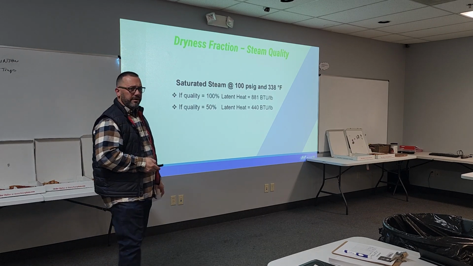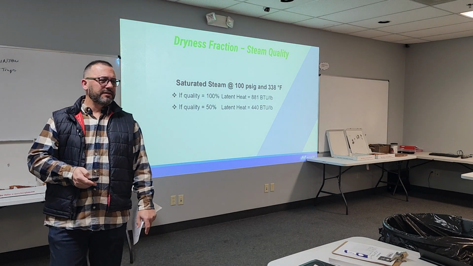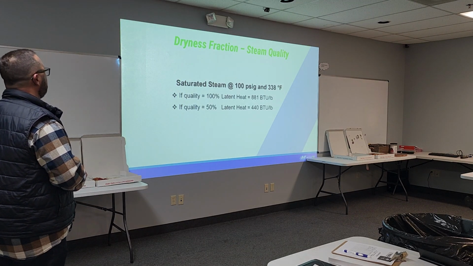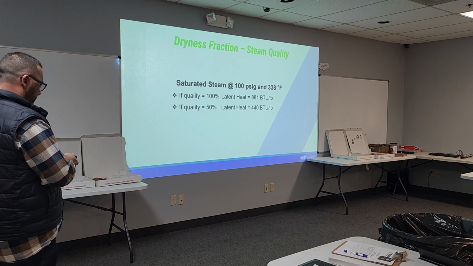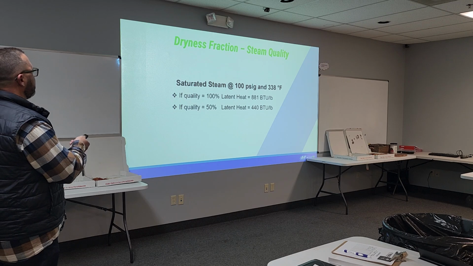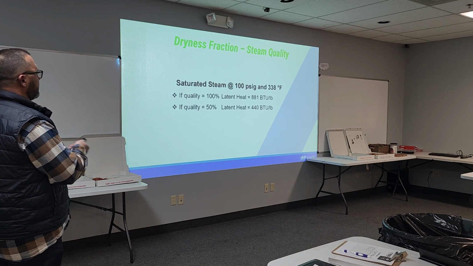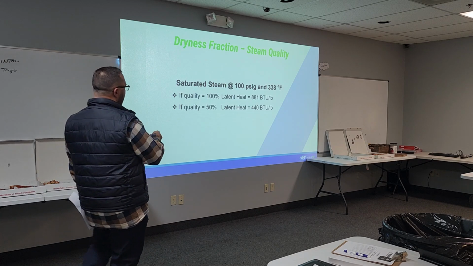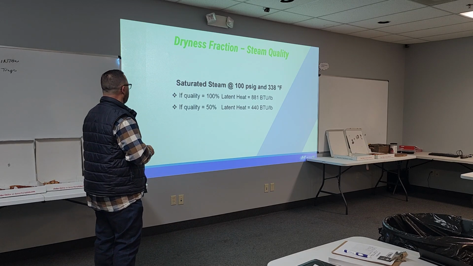You see separators up here? Not very often. Dryness fraction: we talked about that, and this is just kind of proving it out. Saturated steam at 100 psig is 338 degrees F. If you've got 100% quality, you've got 881 BTUs of latent heat.